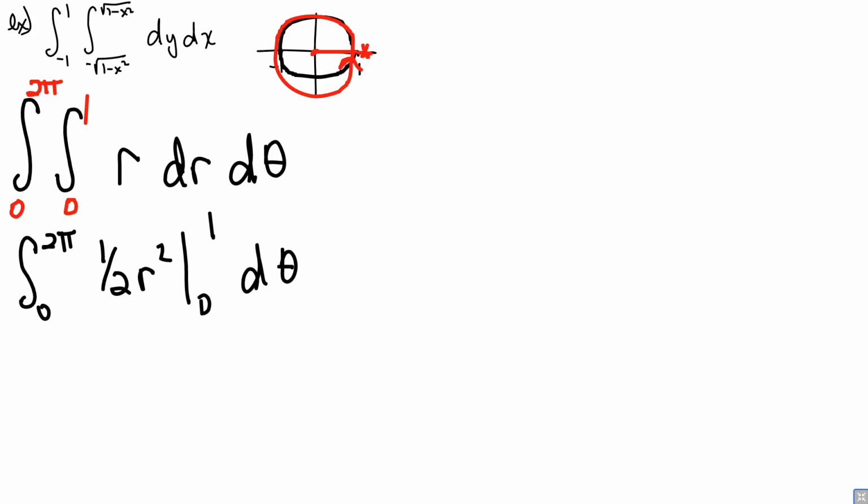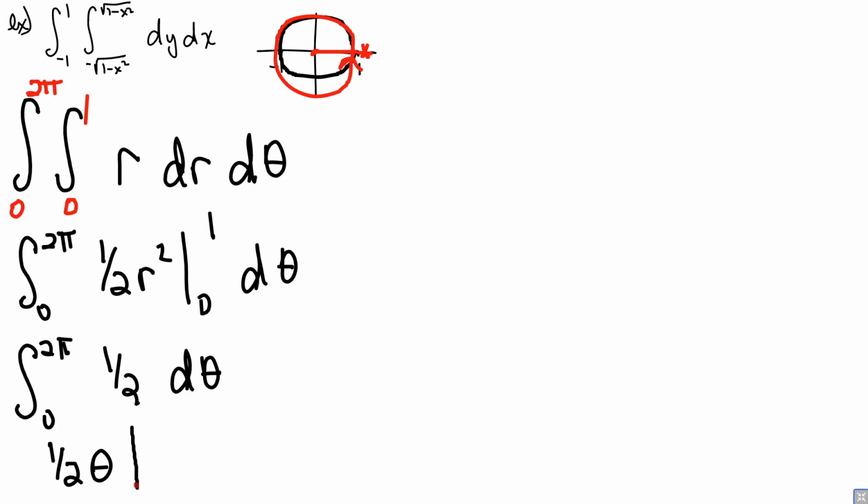At 1, I'm going to end up with just 1/2 d theta. So now what I'm going to do is integrate this with respect to theta. So if I do, I get 1/2 theta evaluated from 0 to 2 pi. At 0 is going to be 0, so don't worry about it. So I just got to put in 2 pi. So I got 1/2 times 2 pi, or I get pi. And that would be my answer.